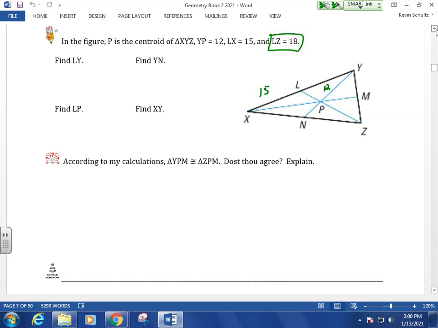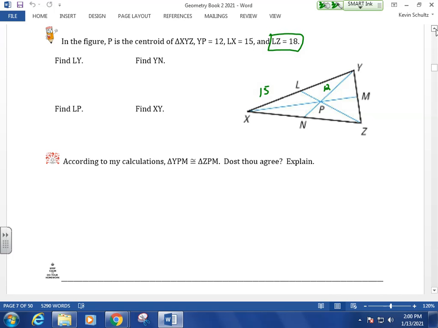So what's the length of LY? What's the length of LY? Elise? 30. So for LY to be 30, you're dividing that into a 2-to-1 ratio there. That's the side of the triangle. It's not a median.